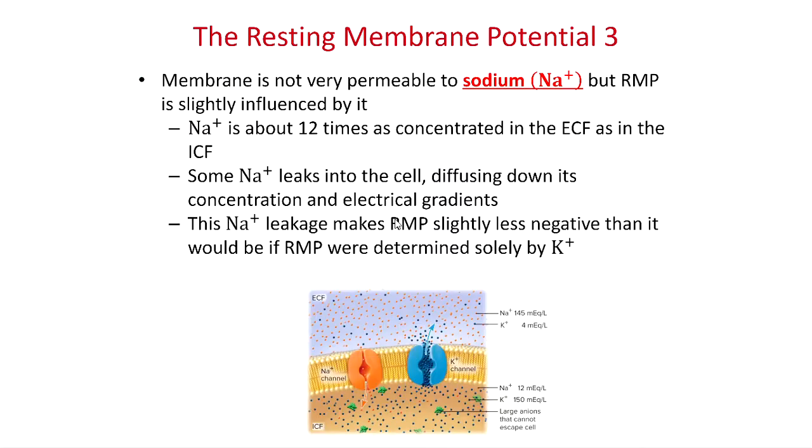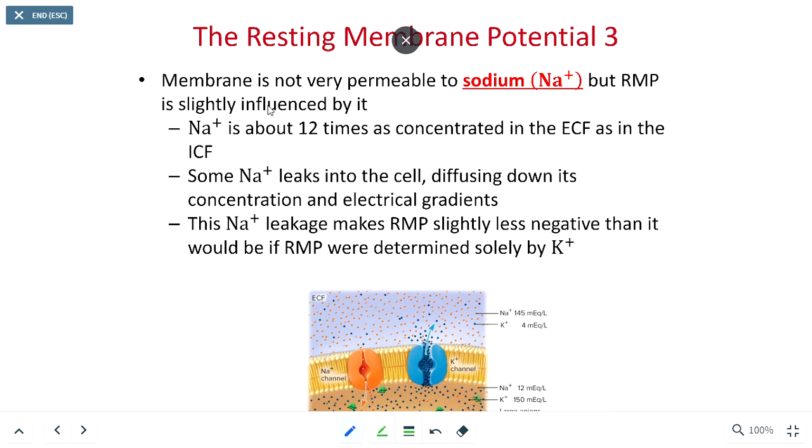As we're looking at the resting membrane potential, sodium ions also play a role. Not as much of a role as potassium ions, but they're still significant. And when we look at sodium, we're going to have more sodium in the extracellular fluid, about 12 times more sodium extracellular than intracellular. So what does this mean?